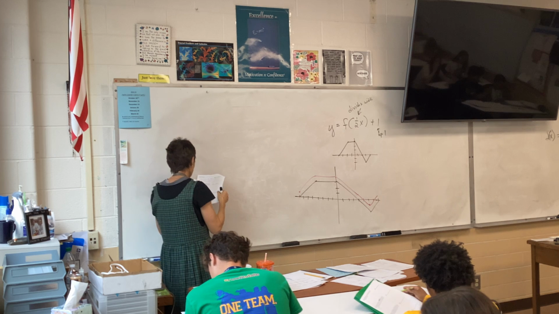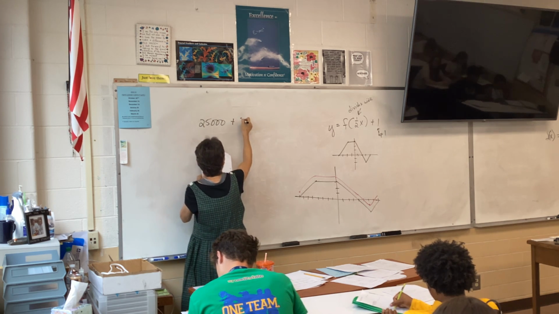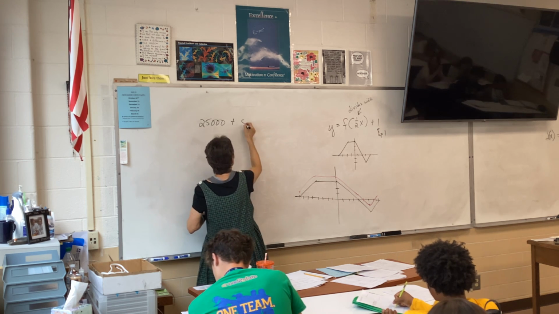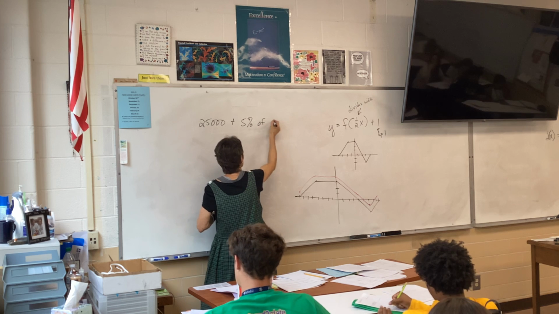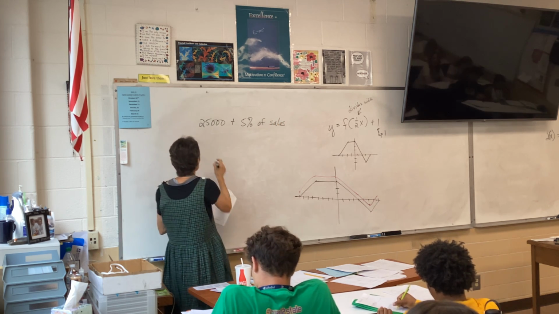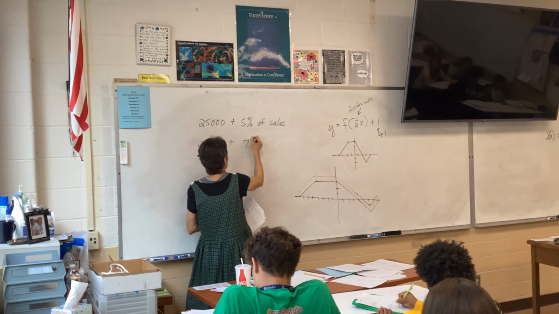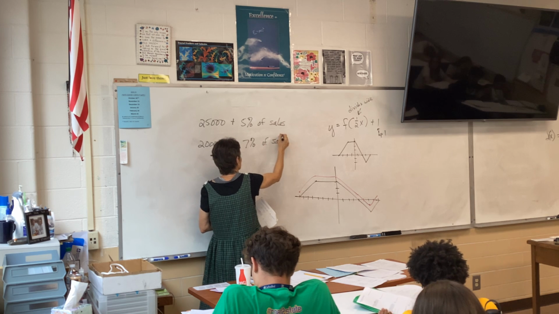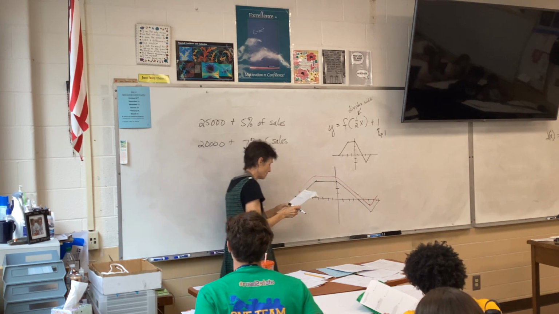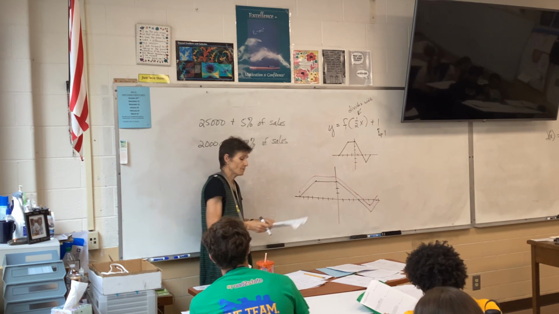One offers a base salary of $25,000 plus 5% in sales. And the other offers $20,000 plus 7% of sales. What would Ruth's gross sales total need to be to make the second job offer more attractive than the first?